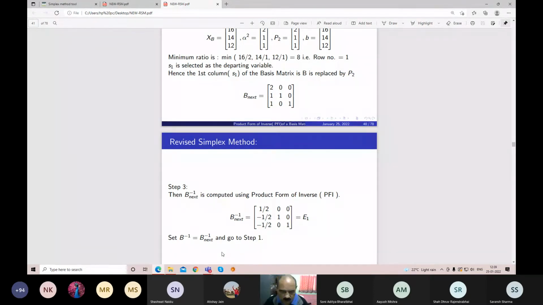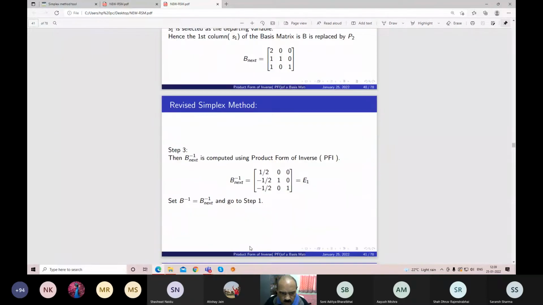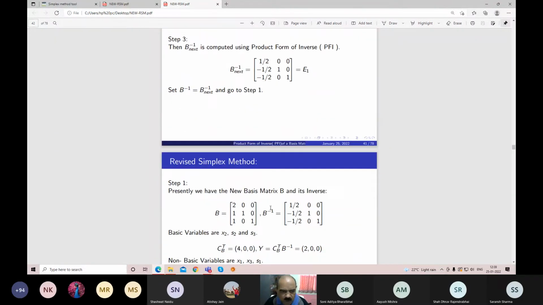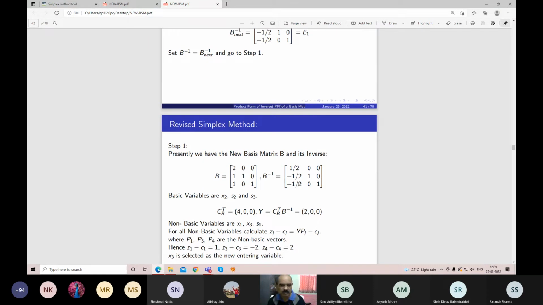Now I'm going to the next step, step 1. Next step means after completing the 3 steps, it is already given: go to step 1. We stop when the present solution is optimal.